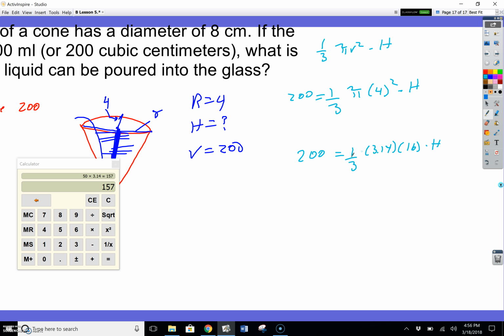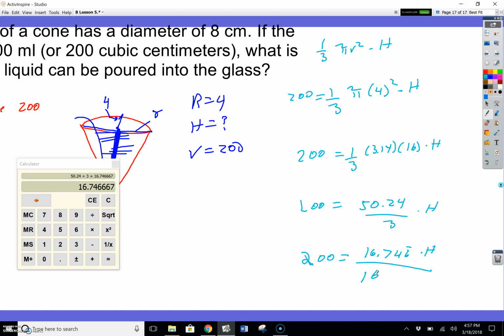Now I'm going to multiply 3.14 times 16, and that's going to give me 200 equals 50.24 over 3 times my height. I'm now going to divide that by 3 to have 200 equals 16.746 repeating times my height.